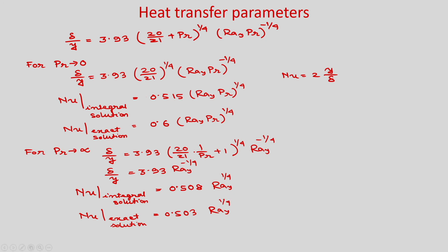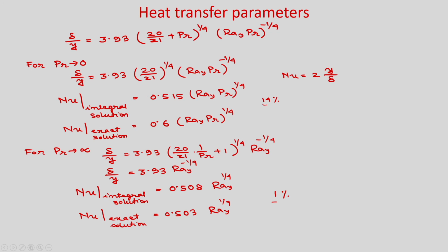So, you can see here this is almost 1% variation. For Prandtl number tends to infinity, there is a 1% variation, and maximum variation occurs as Prandtl number tends to 0. So, around 14% you will get. So, in these two limiting cases you can see the variation of Nusselt number between the integral solution and the exact solution varies between 1% to 14%.